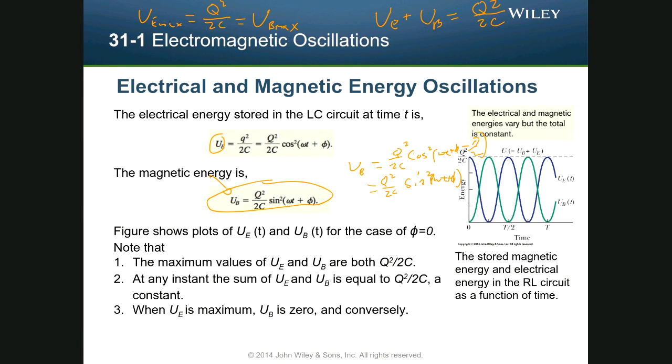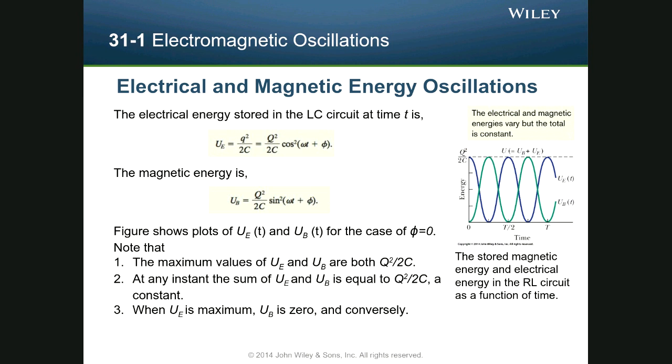You have the same amplitudes, so you can factor those out, and when you add UE and UB together, you get cosine squared plus sine squared of the same phase. That just equals 1. And you indeed get a constant. So everything holds up. Okay?